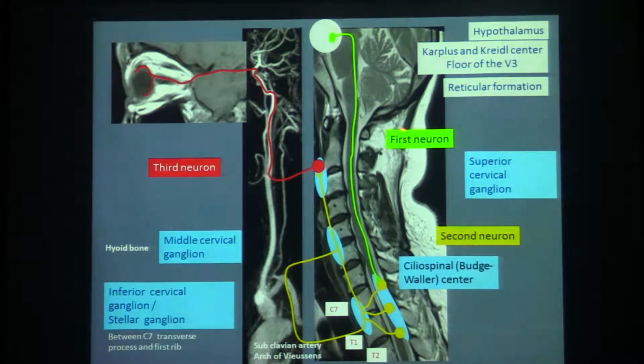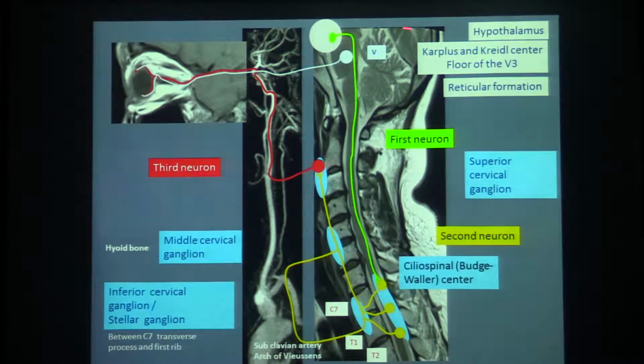The third path comes from the superior cervical ganglion. It goes around the internal carotid artery, goes in the skull, goes in the cavernous sinus, and goes through the superior orbital fissure to the orbit and to the eye.